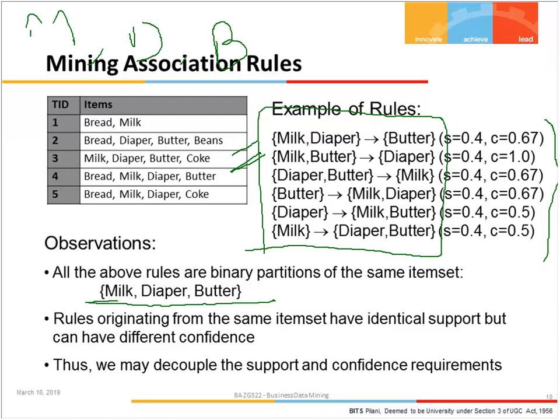Because they come from the same item set, the support is the same for all of them, but the confidence is different based on the way we create the partitions.